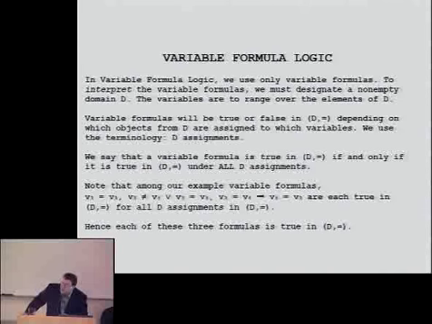There are reasons for this, but let's not talk about that. That's just a convention. See, if D was empty, there wouldn't even be any D assignments. That's another problem, so we like to have D non-empty. It doesn't make any difference what D is or what the assignment is. These three come out just fine.